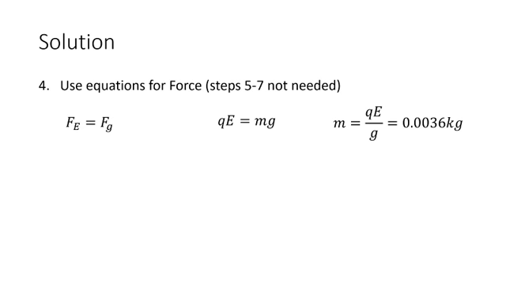So if we look at that, we have the electric force, which is just the electric field acting on the charge, very similar to the gravitational field acting on a mass. But the only thing that I haven't answered up here is the sign of the charge.